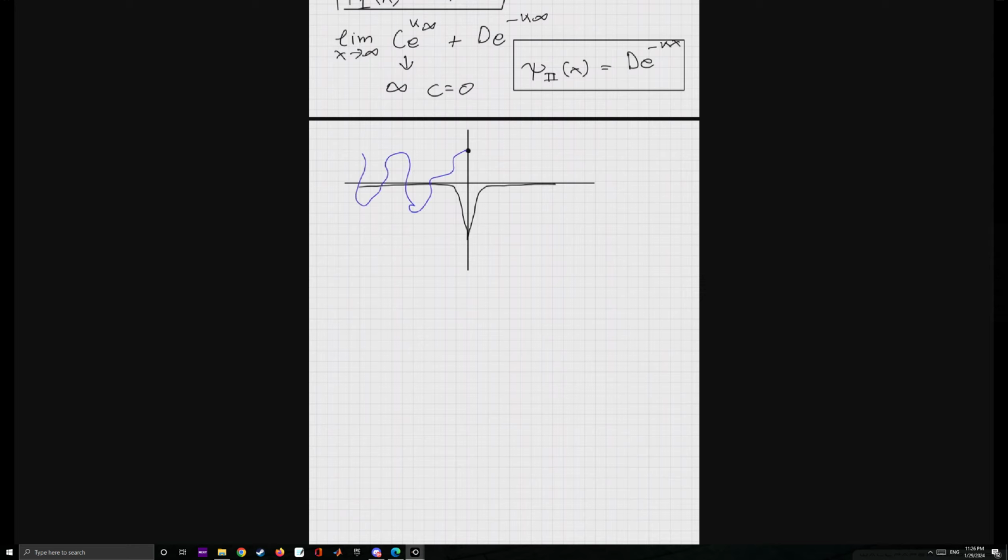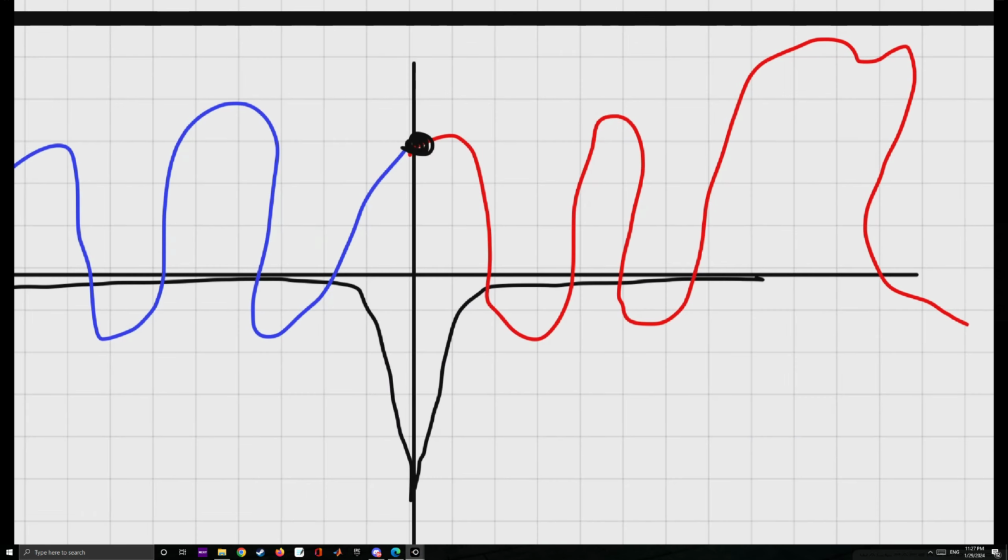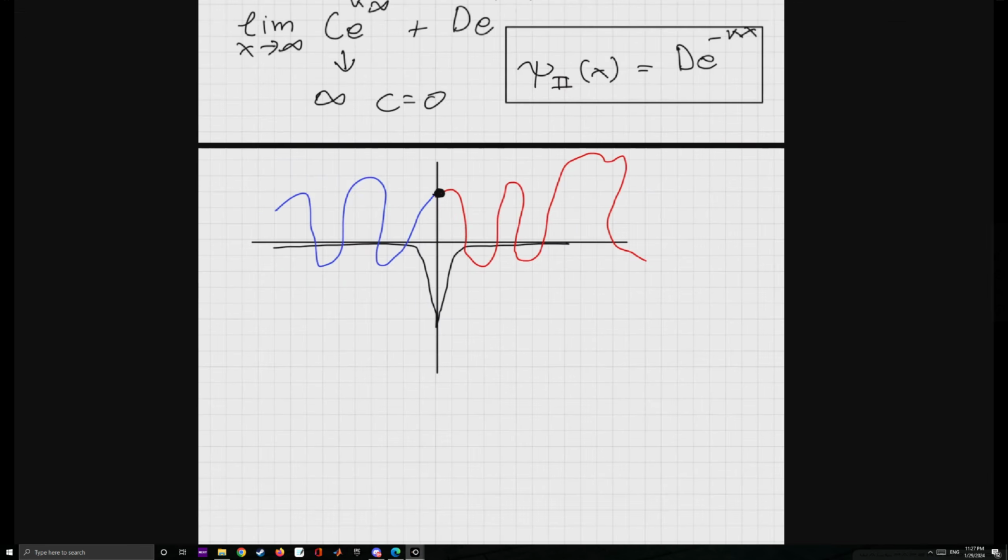They can go up and they can go down, do stuff like this, and then this one can do stuff like this. But right here at x equals 0, they must be the same value. They must be continuous at the boundary.